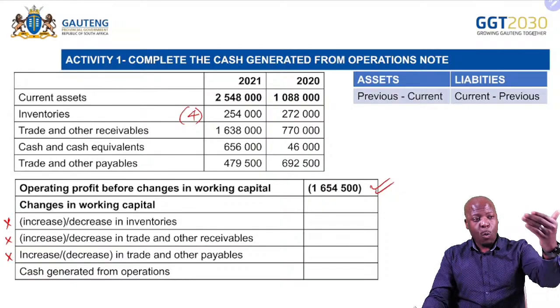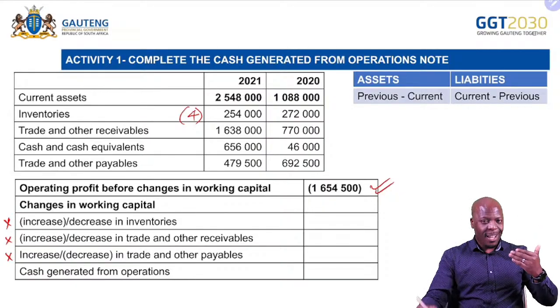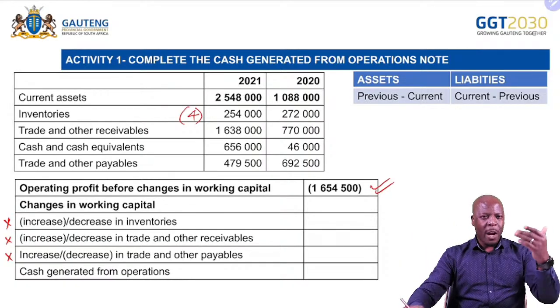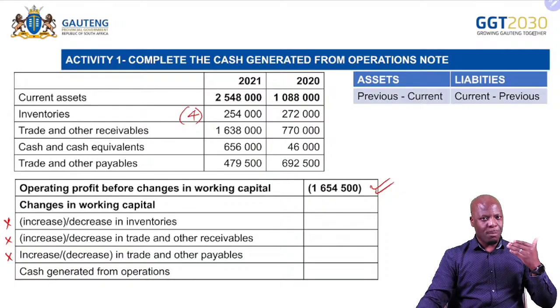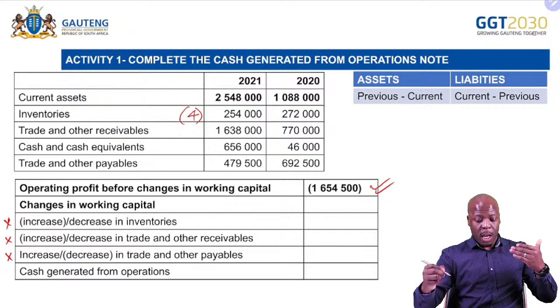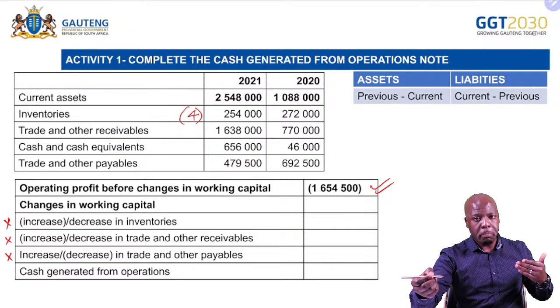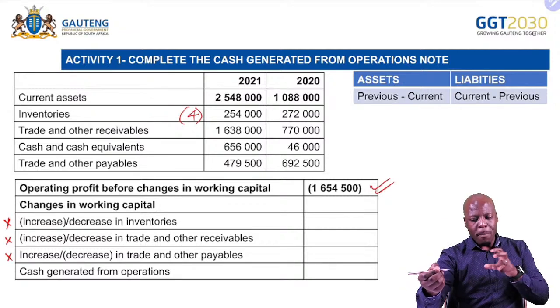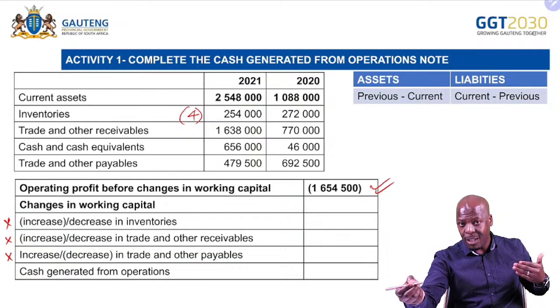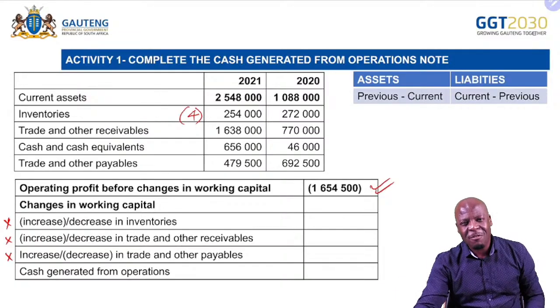In other words, when inventory moves in, cash moves out. Let's repeat that again. When stock is moving in, that means we're buying stock, we're purchasing. And when we purchase, cash has to move out, paying creditors. And our main concern is not on the inventory, but on the cash aspect of it. Why? We're preparing a cash flow statement.